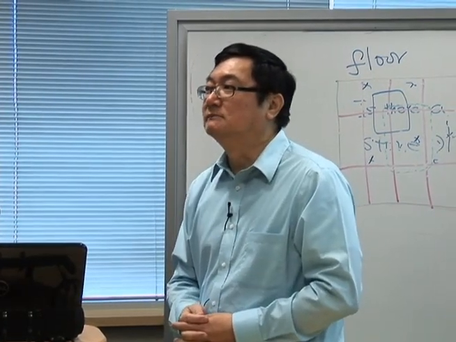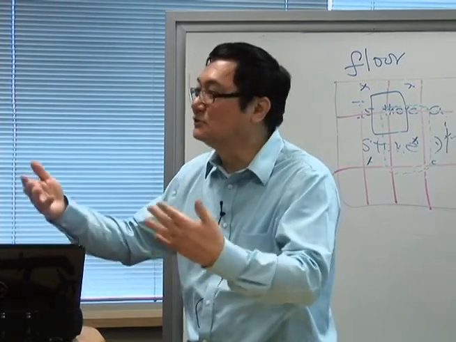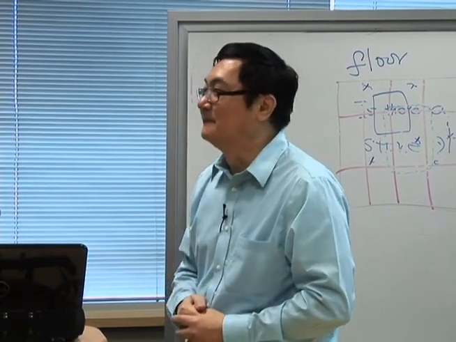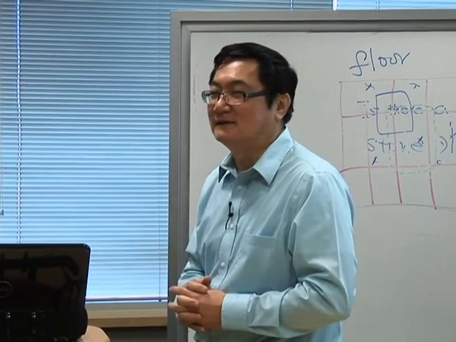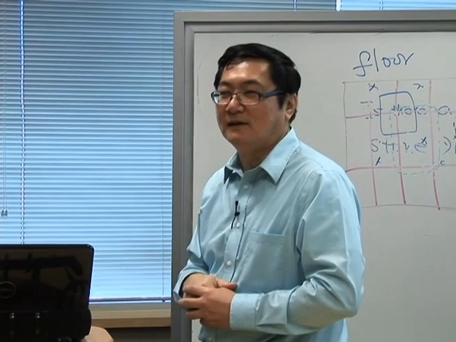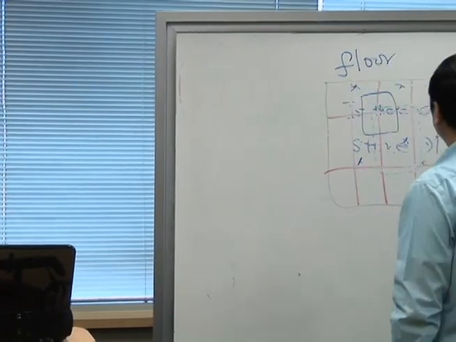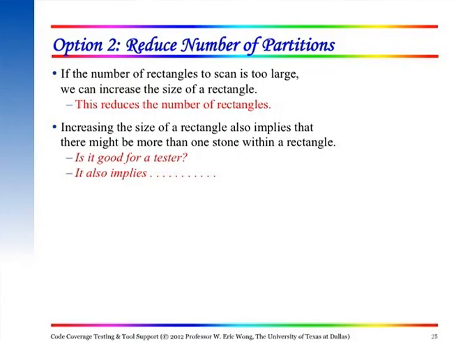Then what do we do? Examine as many as you want, right? So you are not going to have 100%. But people don't feel comfortable. They would like to see a high number. And that is option 2. How are we going to increase the coverage?